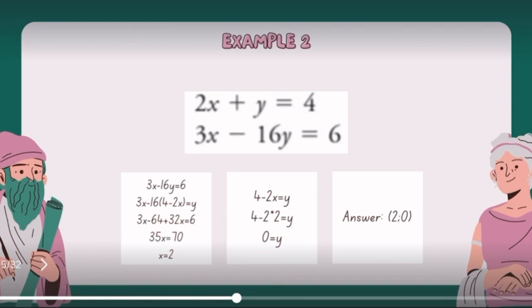After we find that x is equal to 2, we substitute this value instead of the x in the second equation, and that's how we get the answer. And the answer is 0. And talking about the final answer, the x is 2 and the y is equal to 0.